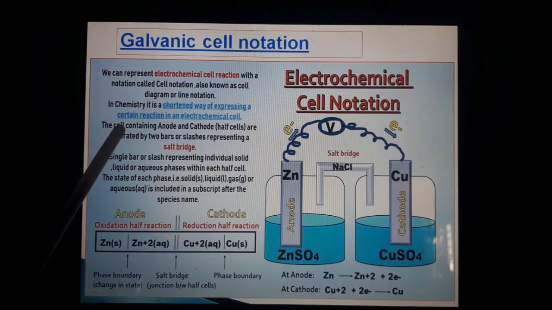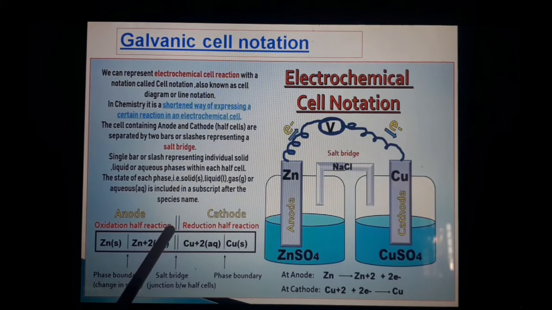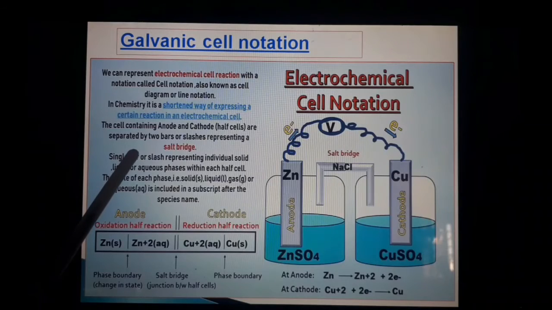Next, the double line represents the salt bridge. A single bar or slash represents the individual solid and aqueous phases, that is single line representation.